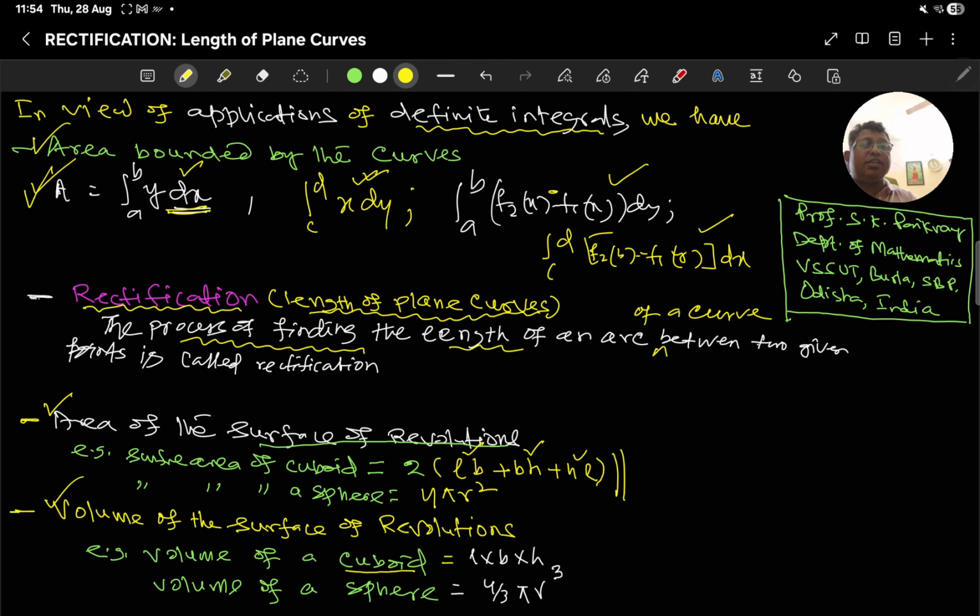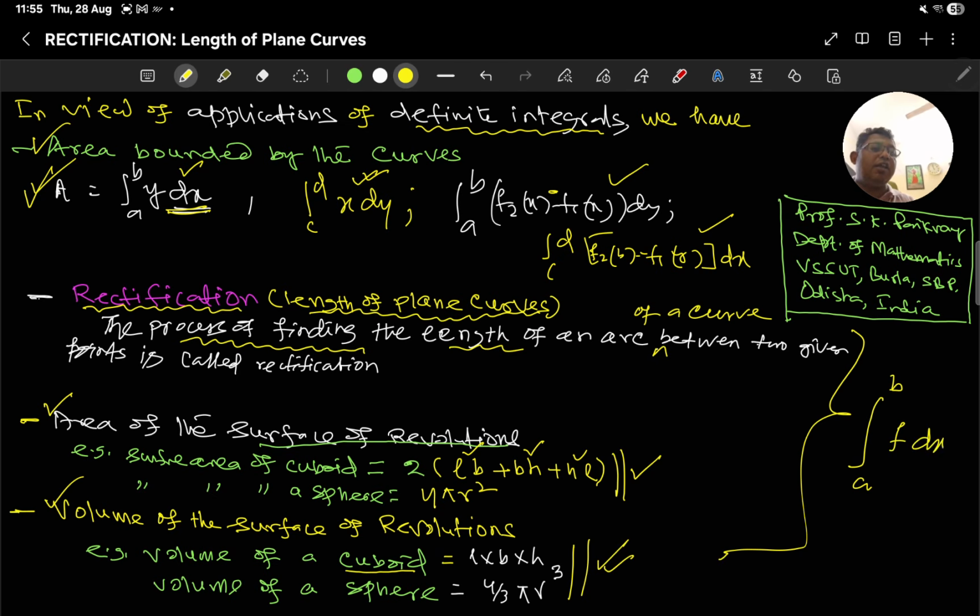We will discuss in detail. This thing we already know from school geometry mensuration, but here we will discuss all this as an application of the definite integral. In this point of view we will learn here, right?